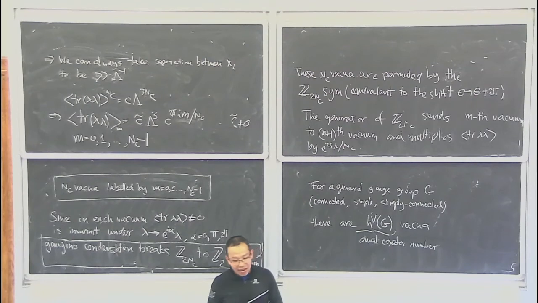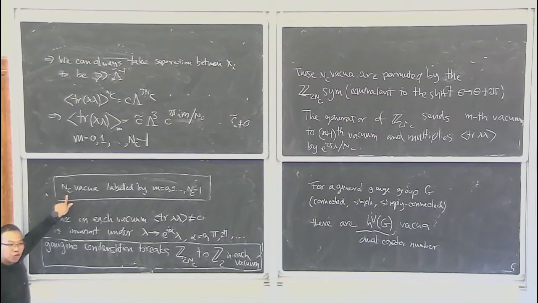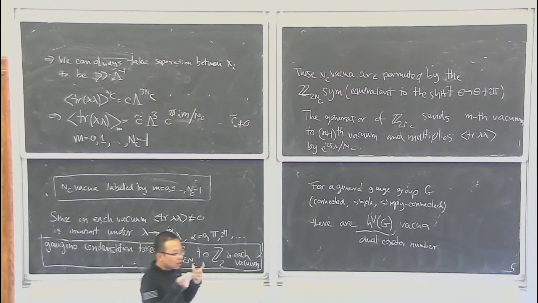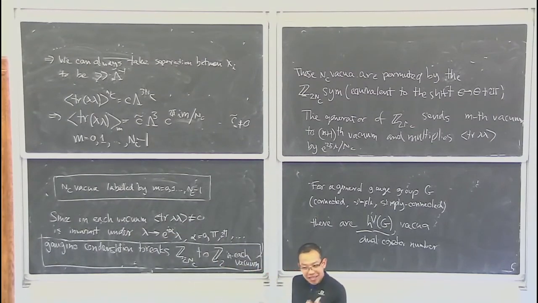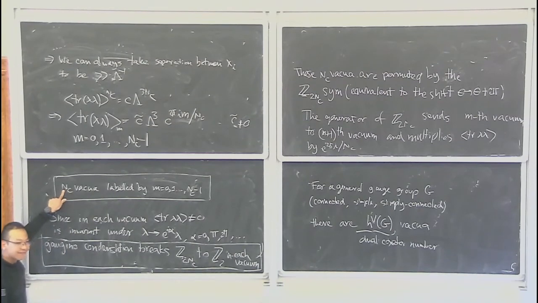And why is this a hard problem? Because this number N_c that you saw, we have N_c vacua, right? This is the dual Coxeter number of SU(N_c). It's the same as C_2 of the adjoint. Now, people used to think that this is the rank of SU(N_c) plus 1. Historically, this is in the 80s.